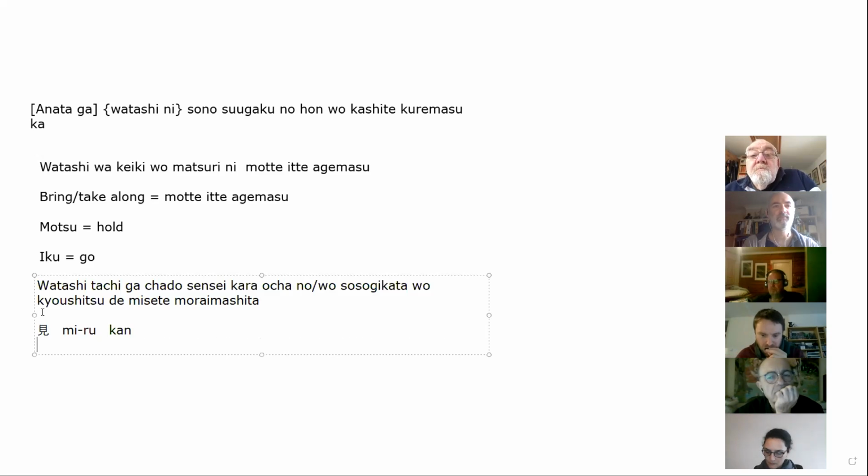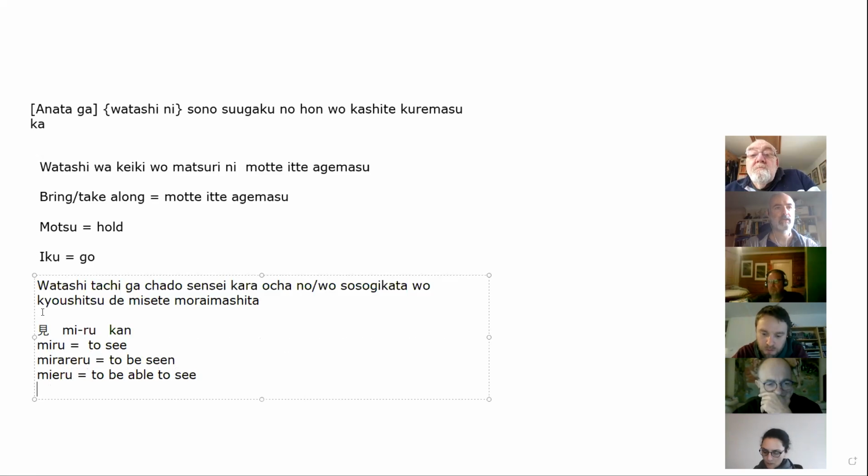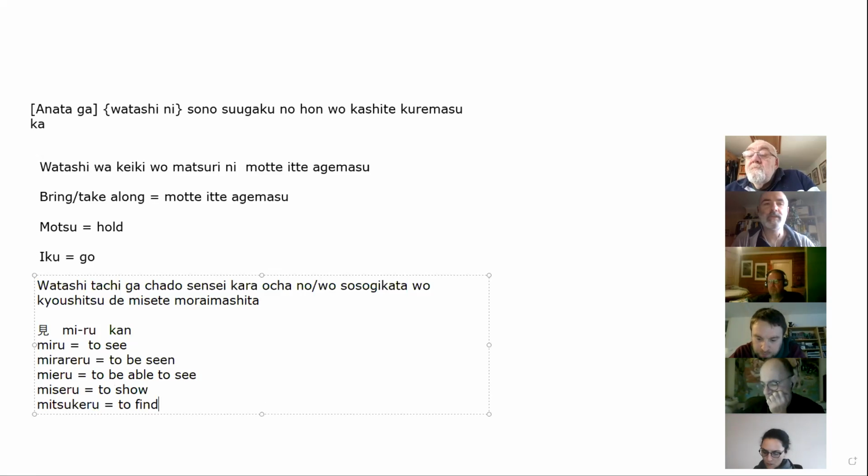So we can use it as miru, to see, mirareru, to be seen, mieru, to be able to see, and miseru, to show. There is also mitsukeru, same kanji, which is to find. So a very useful character.